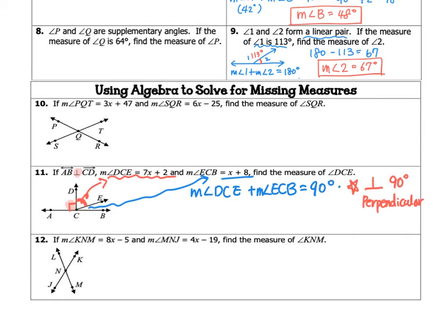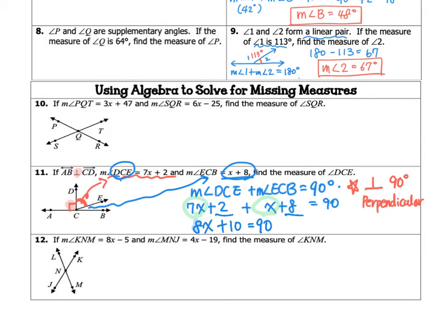We already know DCE from the instruction, 7x plus 2, plus ECB, which is x plus 8, equals 90. So just combine like terms, 7x plus x will be 8x, and 2 plus 8 will be 10, equals 90.